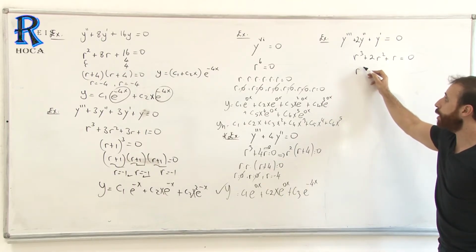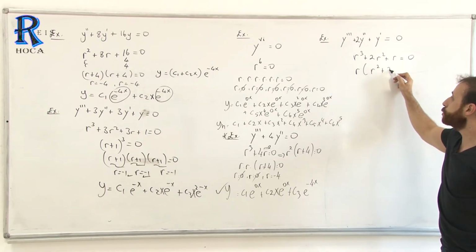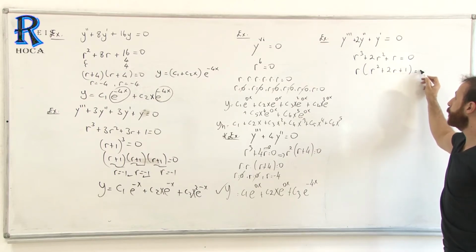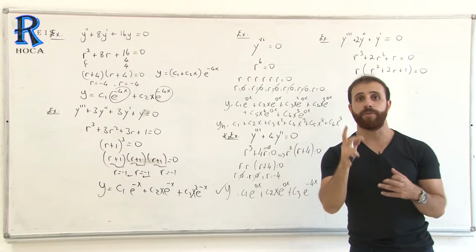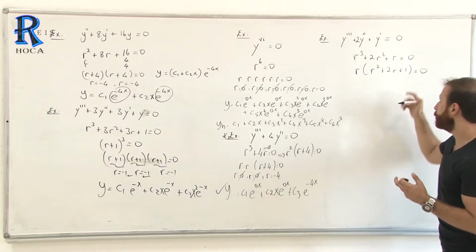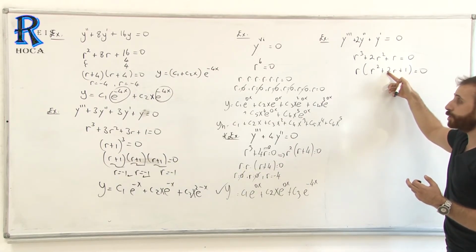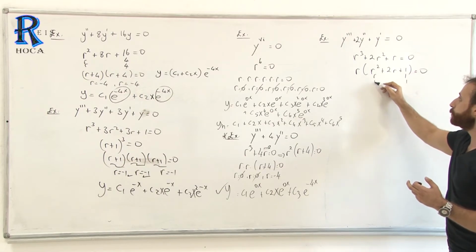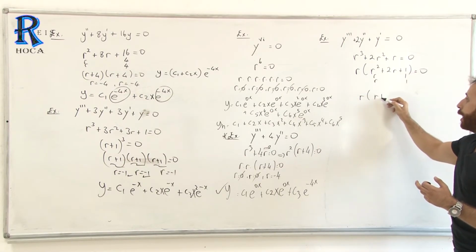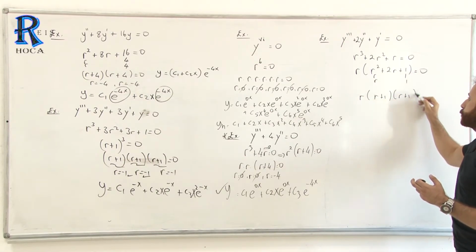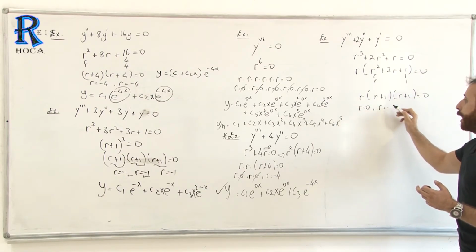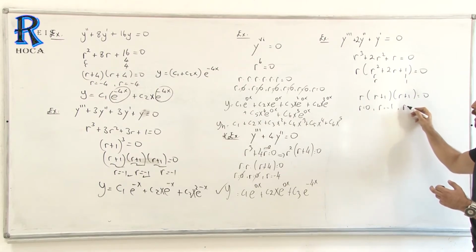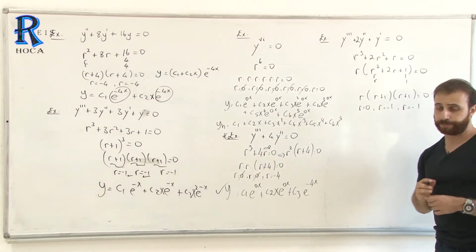R is a common factor: r times r squared plus 2r plus 1 equals 0. So now we have a quadratic and we can use the product rule. Two numbers whose multiplication is 1 and addition is 2: 1 and 1. So r plus 1 equals 0, r equals 0. R equals minus 1. R equals minus 1.